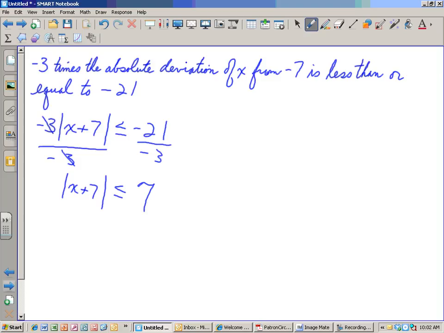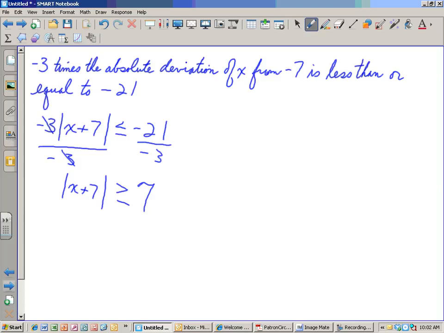No. I have to flip the sign. So you've got to be careful now. Because I divided both sides by -3, it becomes greater than or equal to. And that's why I said, when we started off, it appeared that it was going to be an and statement. But you can't make that decision yet until you have the absolute value all by itself.